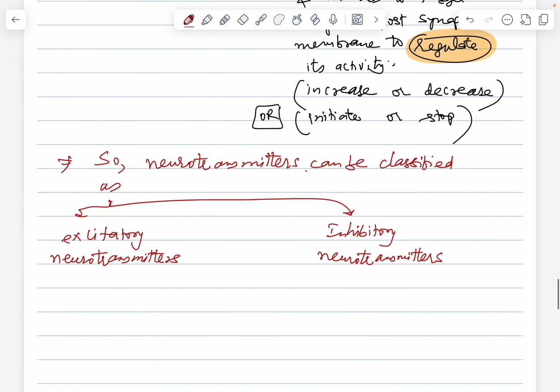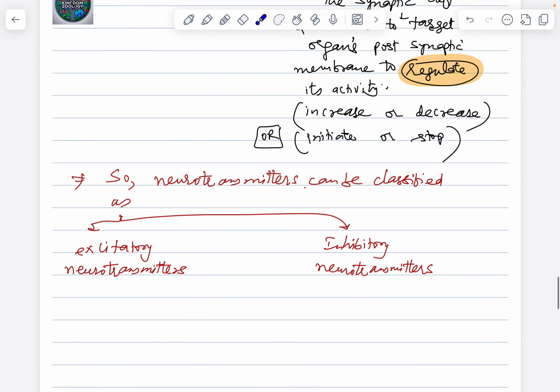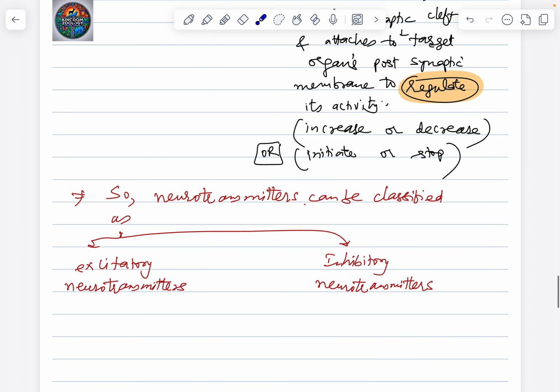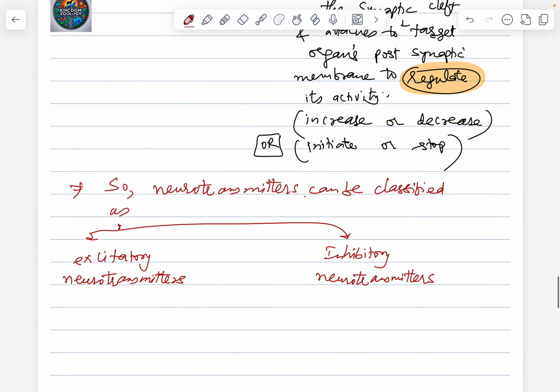As the names suggest, excitatory neurotransmitter excites the postsynaptic organ or the target organ. Inhibitory neurotransmitter inhibits the target organ.